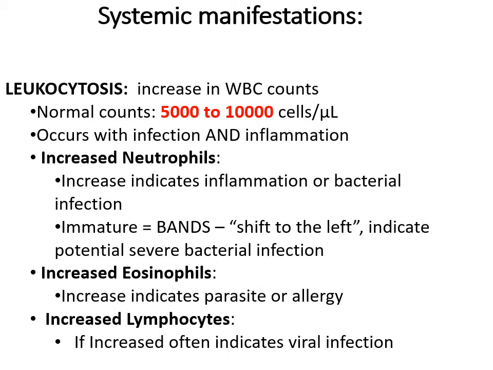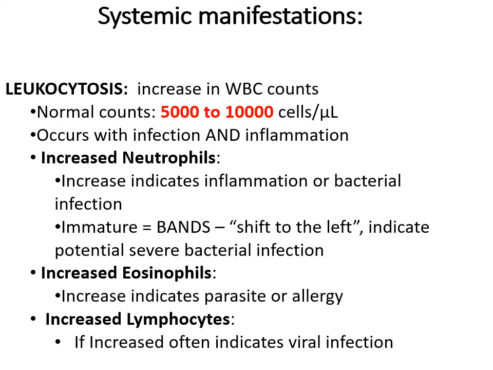There're always slight differences, but in general, 5 to 10,000 is a normal white blood cell count. Okay, so a leukocytosis, which is an elevation of a white blood cell count beyond 10,000, can occur with infection or inflammation, right?